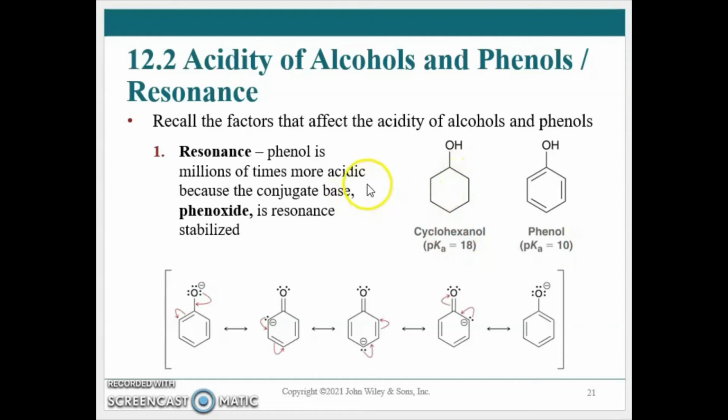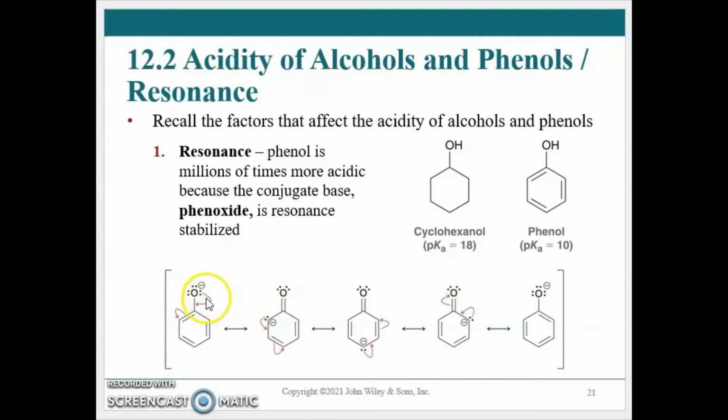But in the ARIO mnemonic, atom, resonance, induction, orbital, we can't use the atom to explain it because in both cases it's an oxygen atom. So we're going to invoke resonance to explain this difference between cyclohexanol and phenol. Phenol is more than 1 million times more acidic because the phenoxide ion is resonance stabilized.